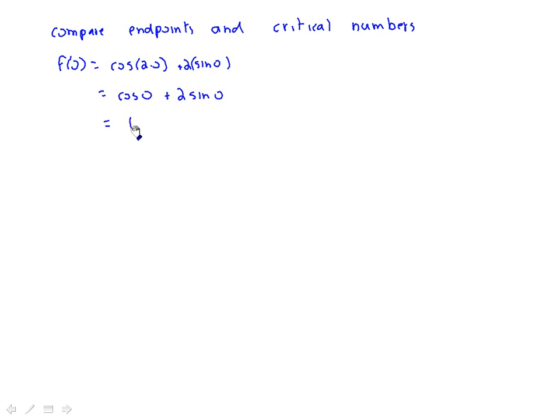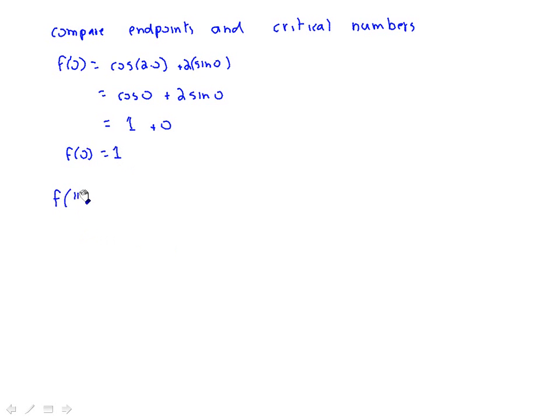Cosine of 0 is 1. Sine of 0 is 0. So f at 0 is just equal to 1. So we file that away. And then we go on to the next one. I'm going smallest to biggest.